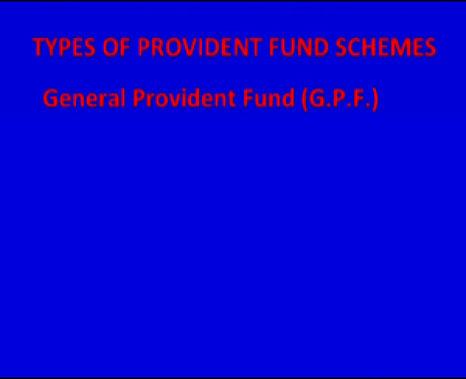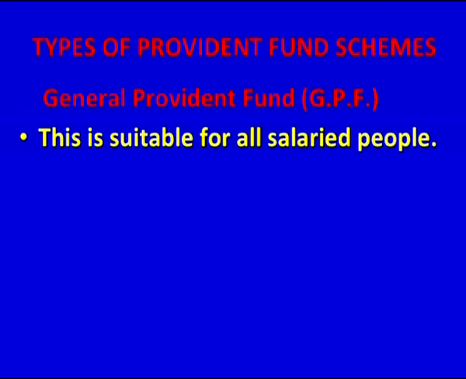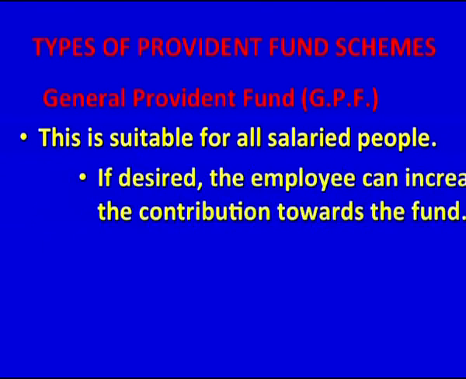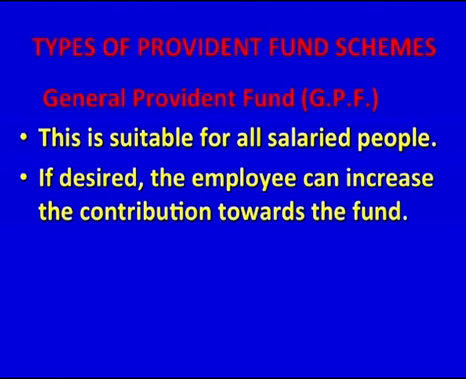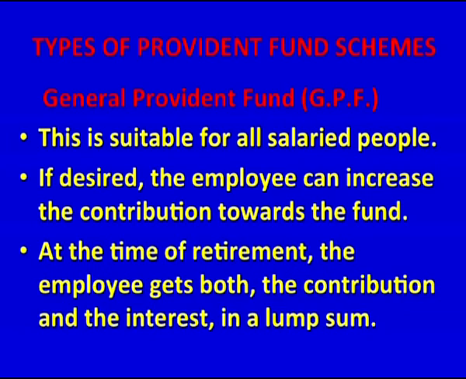General Provident Fund, called GPF. This is suitable for all salaried people. If desired, the employee can increase the contribution towards the fund. At the time of retirement, the employee gets both the contribution and the interest in a lump sum.